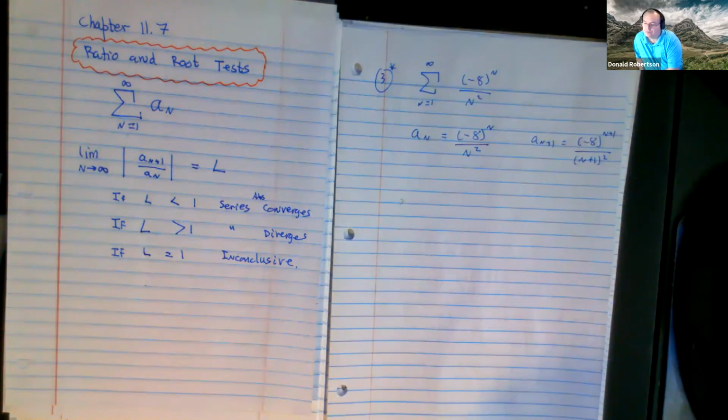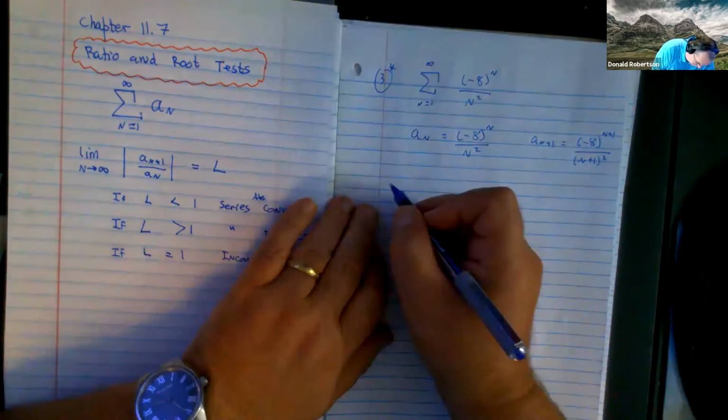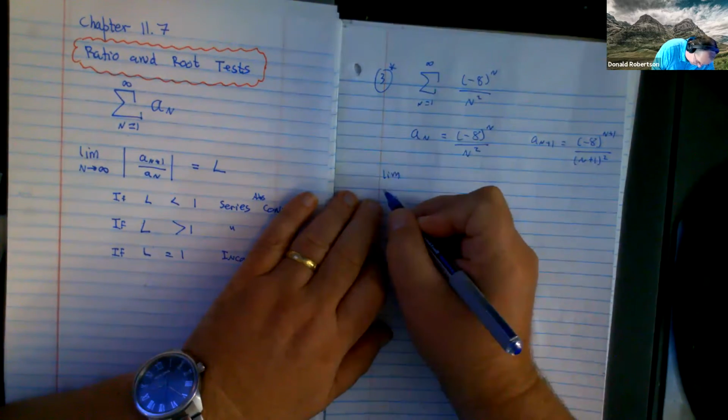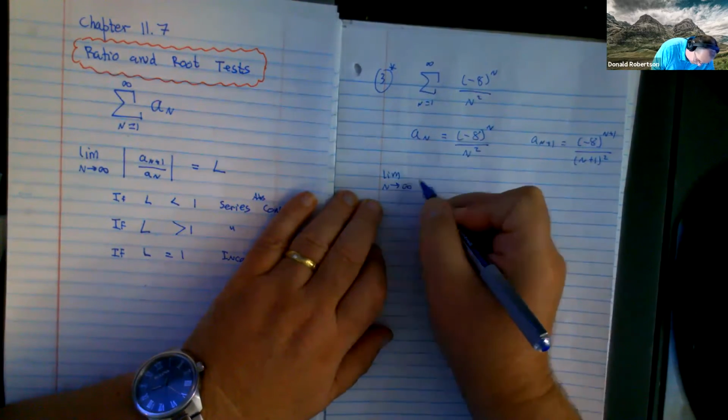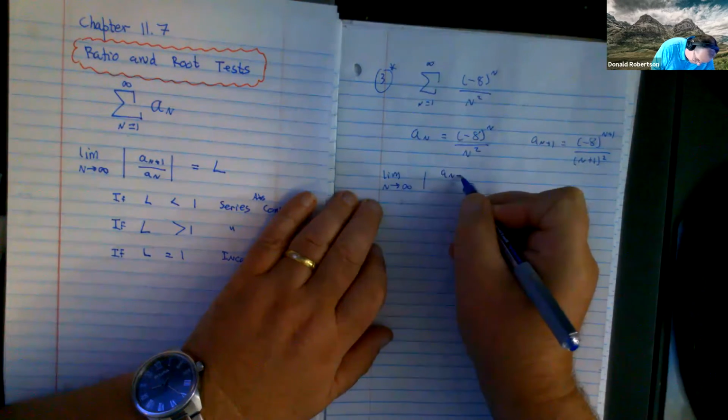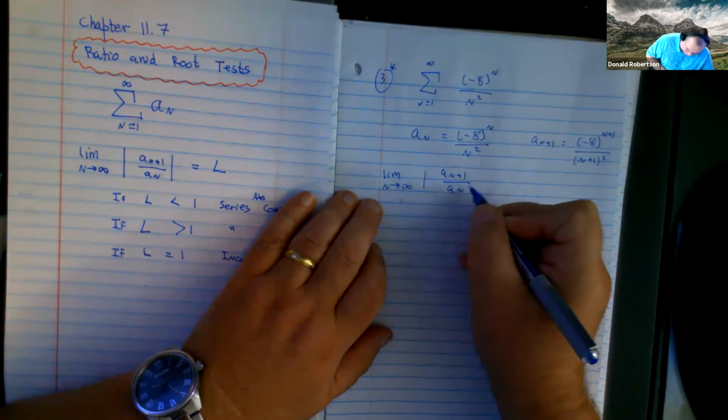Pretty straightforward so far. Now we're going to do the limit as n tends to infinity of the ratio, which is that guy.